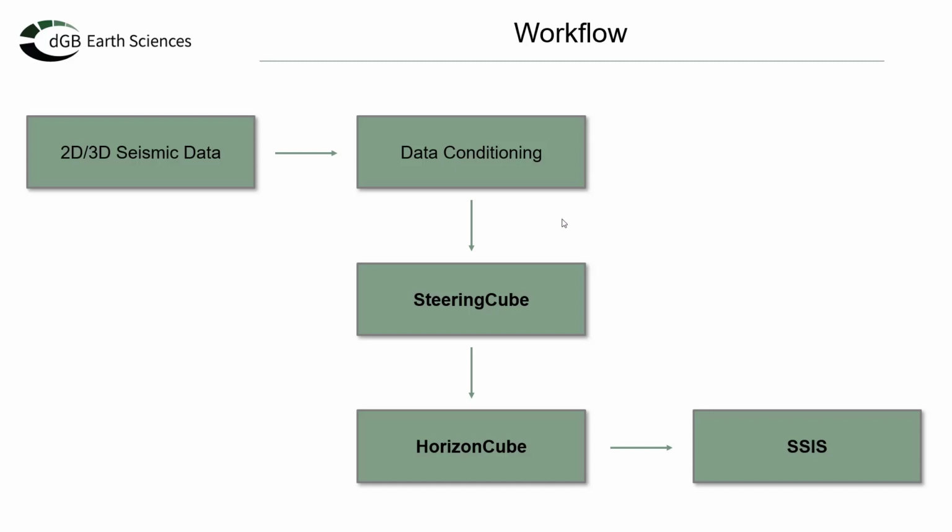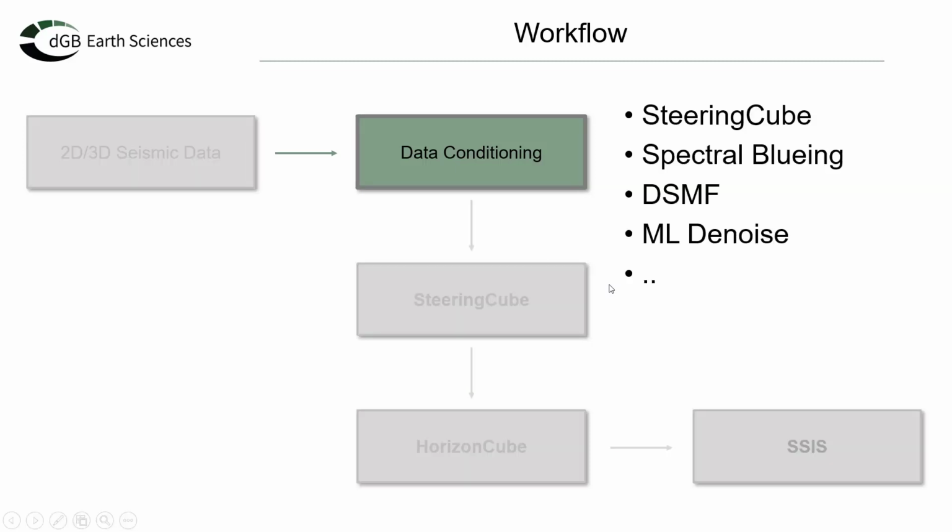The SteeringCube is the dip and azimuth component of your seismic reflectors. We can then utilize that information in a dip-steered median filter type of attribute. We could also go ahead and do spectral blueing or frequency boosting, frequency enhancement. Or we can utilize some of these later machine learning tools for denoising that are available.